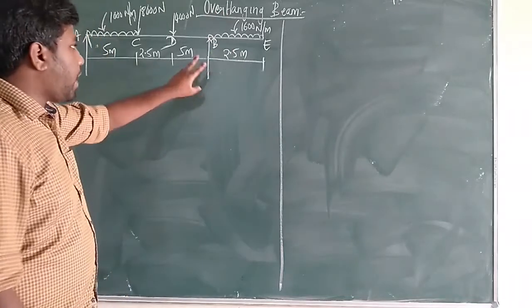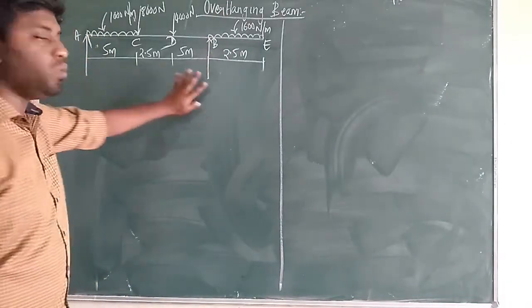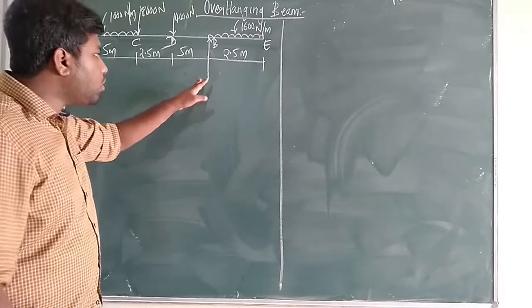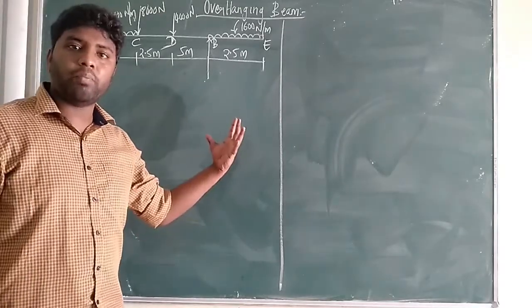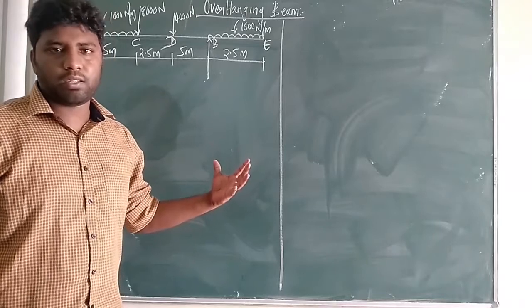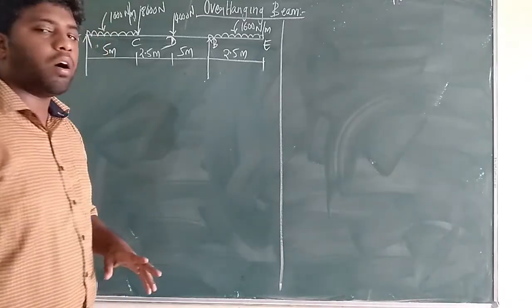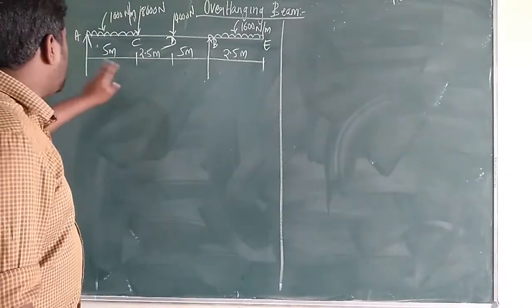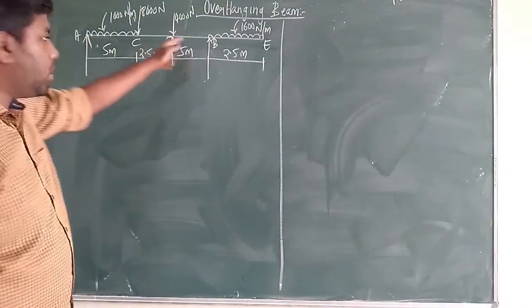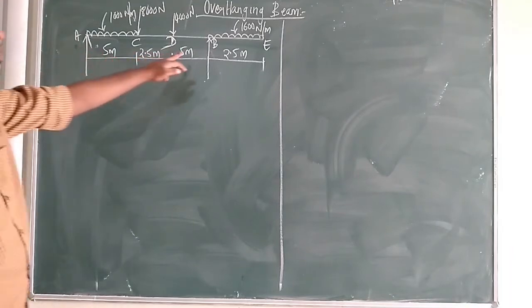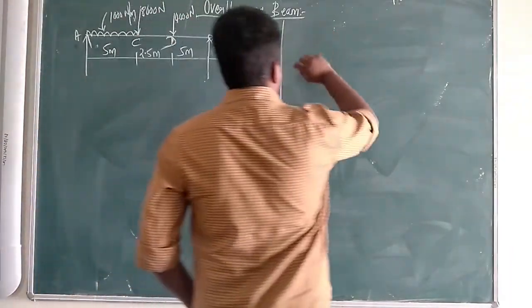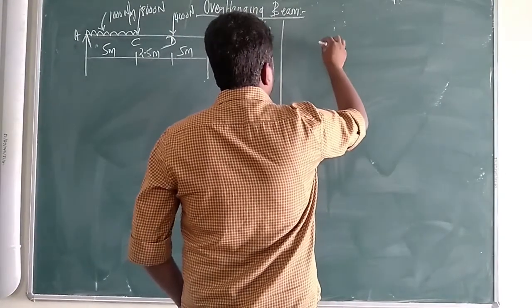So we have to calculate the reactions for these two supports. The forces that we calculate at the supports are called reactions. We have to find reactions at the two supports in the beam, support A and support B. So your first step is to find the reactions.